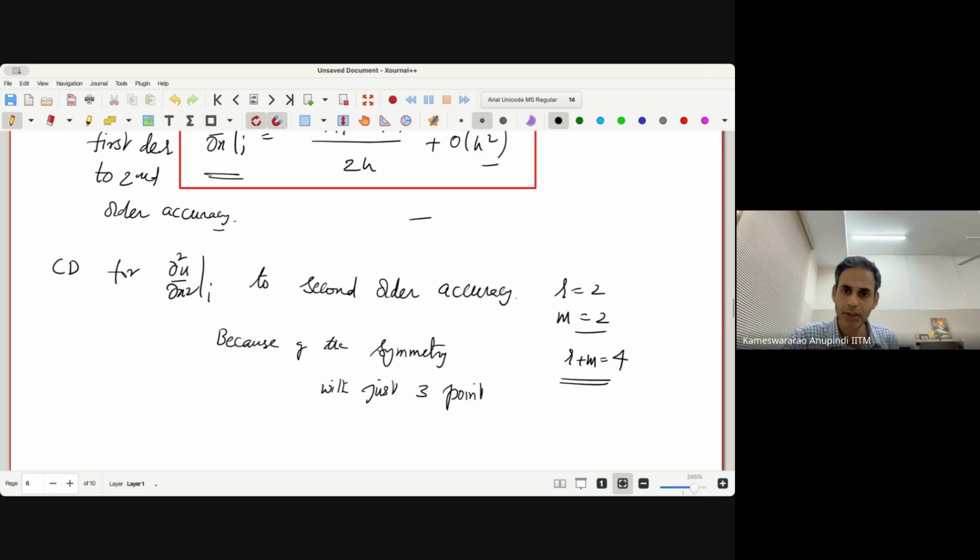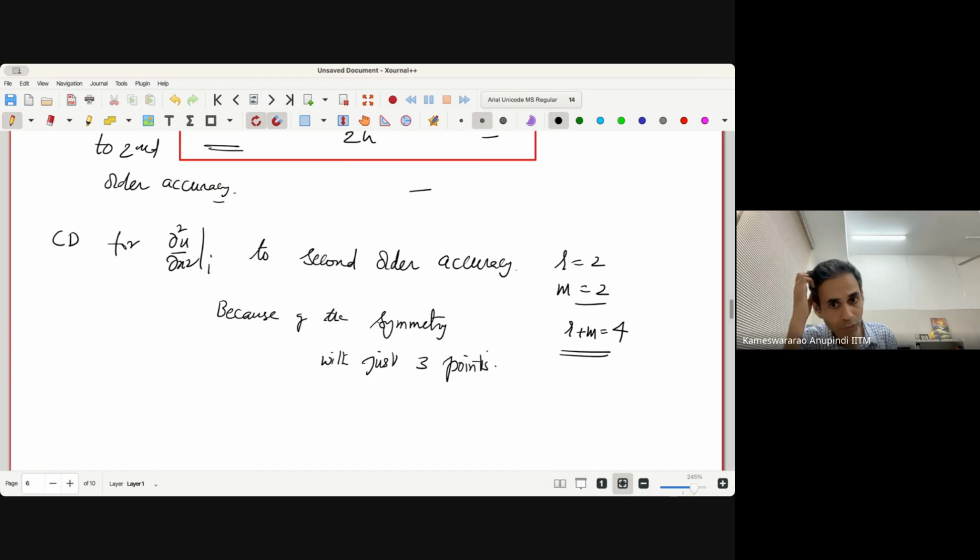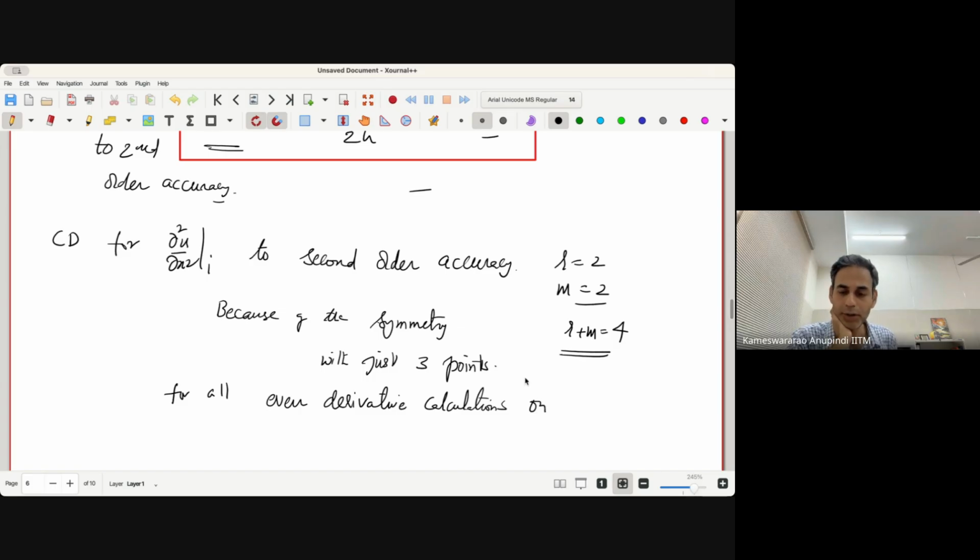Okay, by involving just 3 points, we don't need the 4th point, and this is true for all even derivative calculations for central difference schemes. So when you want to calculate an even derivative using central difference schemes, then you can get away with 1 point lesser. That means you just need r plus m minus 1 points as your stencil.